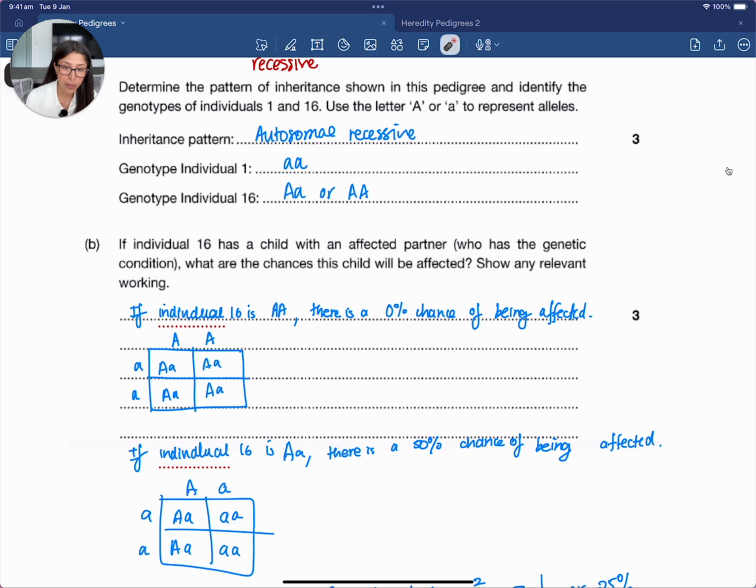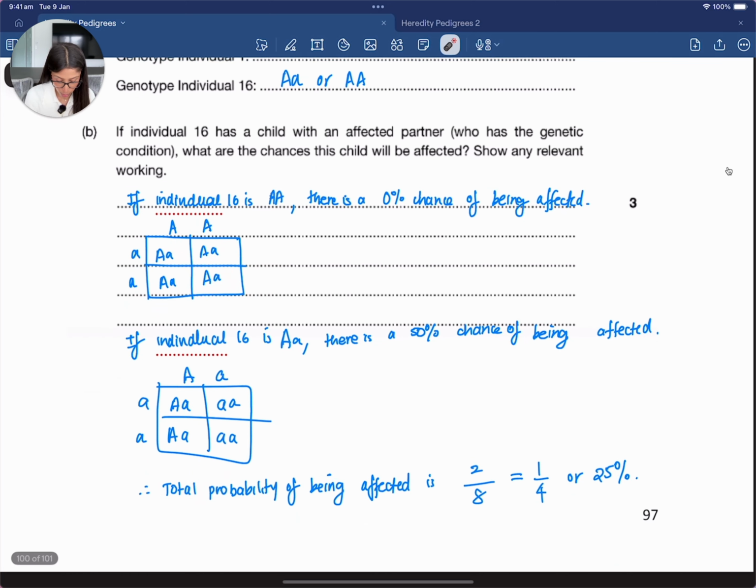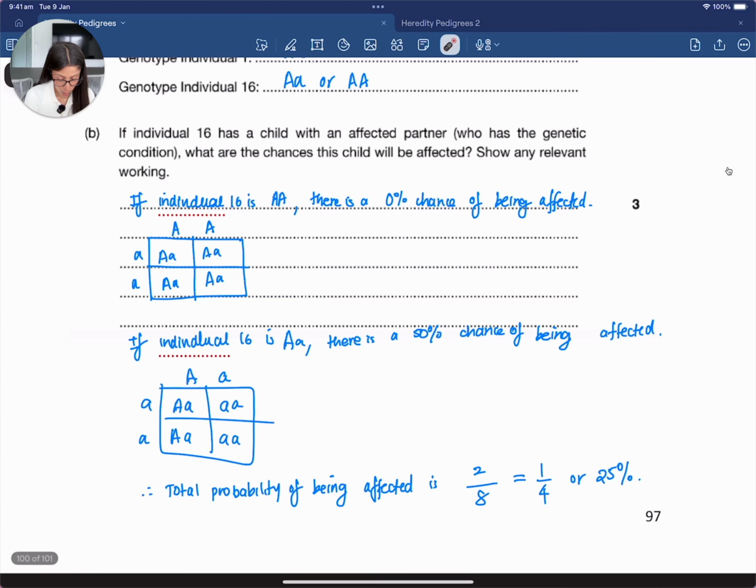My total probability will be out of all of these options. So I have 8 possibilities that I've investigated. And out of these 8, I see that 2 of them have the chance of being affected. So my total probability of it being affected will be 2 out of 8, which overall gives me a 25% chance of the children being affected.